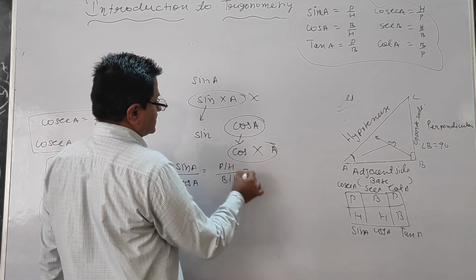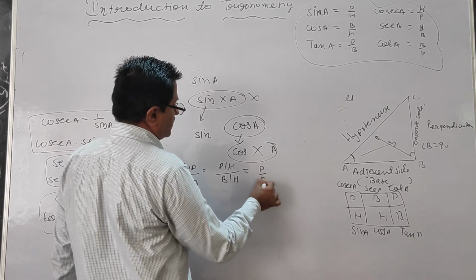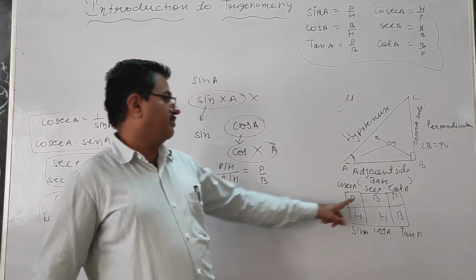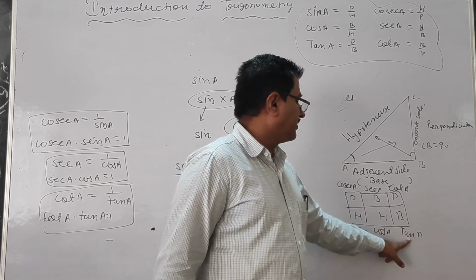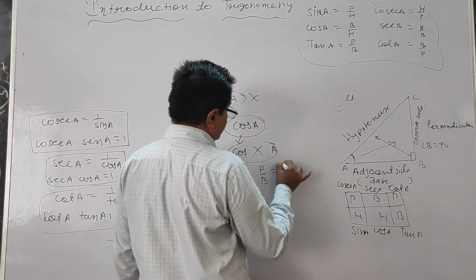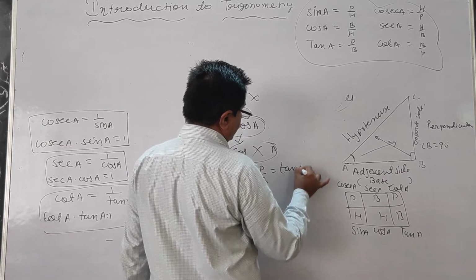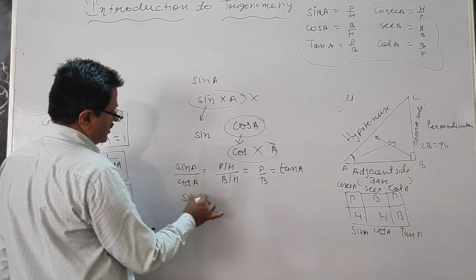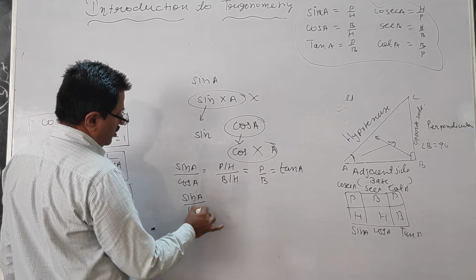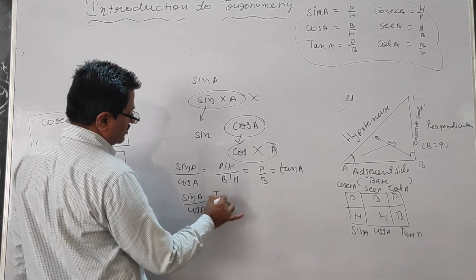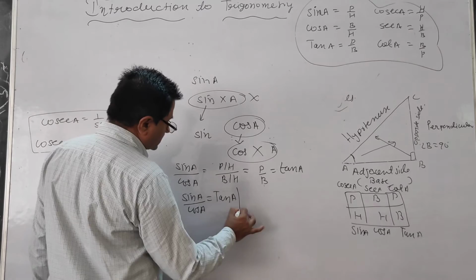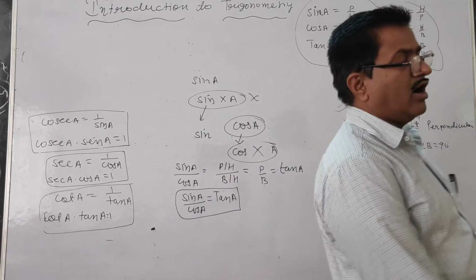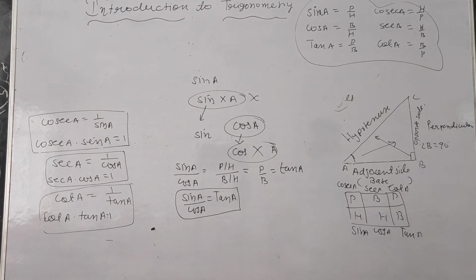So H cancels, and we get P by B, that is perpendicular upon base, and perpendicular upon base is tan A. So this is also a very important formula: sine A upon cos A is always equal to tan A. It means tan can be written in terms of sine and cos.